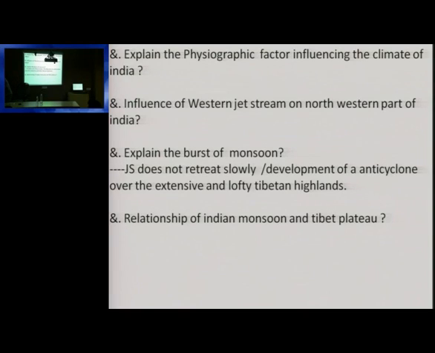So even the alignment of a mountain range plays a significant role. When there is a desert, it affects the economy, the people, the landform, the climatic condition, and many other things. So that is how physiography can affect the climatic condition and many other related things, the economy, the society, and all.